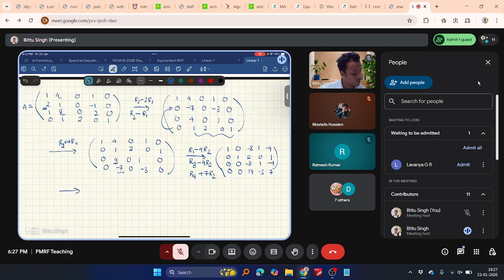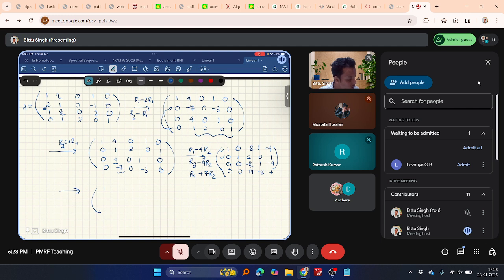Now our target is the third column. Those two rows are already done: the first row and the second row. So what we can do is multiply the third row by minus 1/8, so that the leading entry becomes 1.